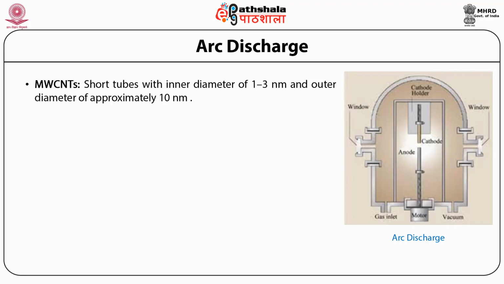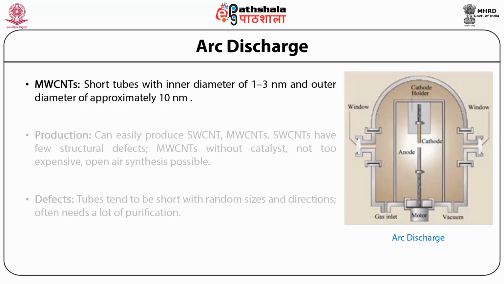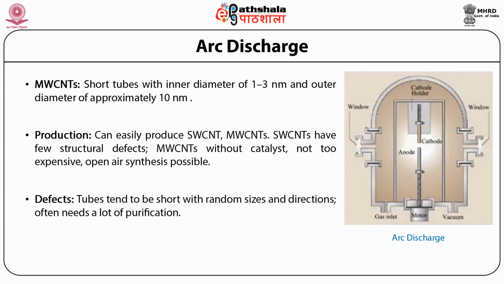The MWCNT is mostly of smaller diameter, from 1 to 10 nanometer, and the outer wall depends on the thickness of the wall. So if it is like a 10 wall nanotube, then a 3.4 angstrom increase per wall will take place. So one can see by transmission electron microscope how thick or thin the nanotubes formed are. The production can easily produce single wall carbon nanotube and multi-wall carbon nanotube.